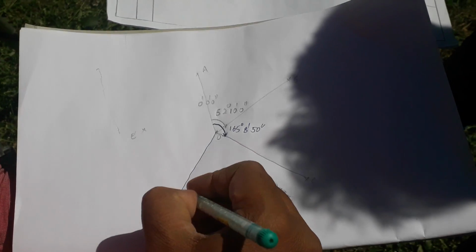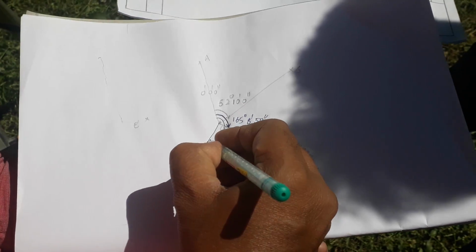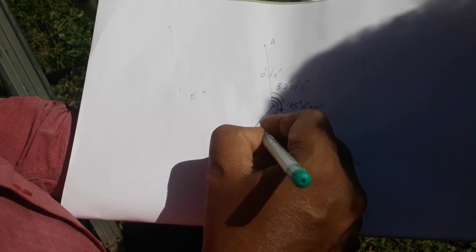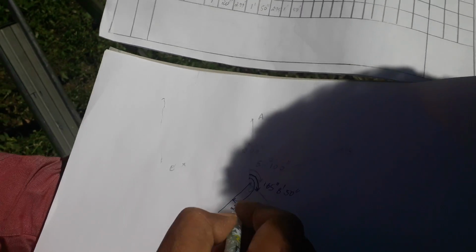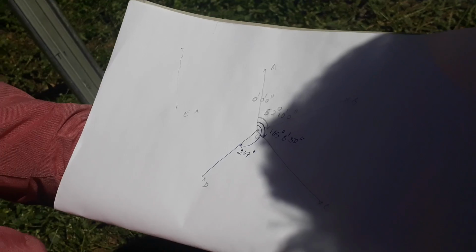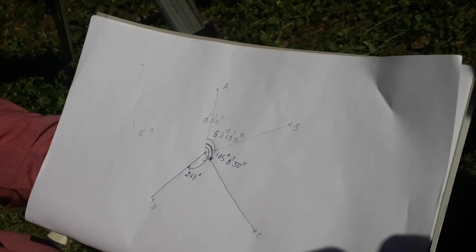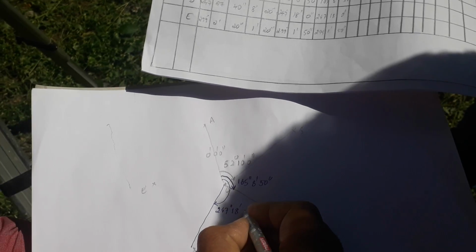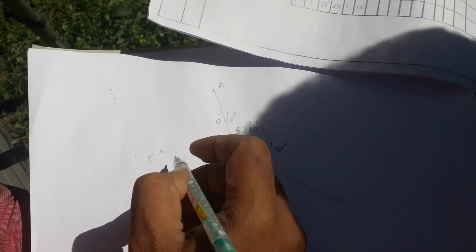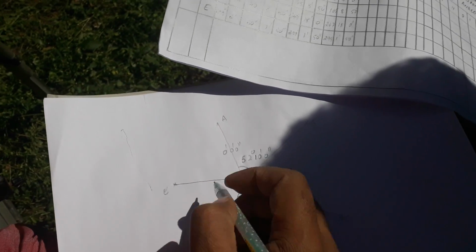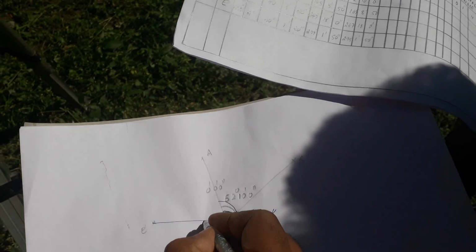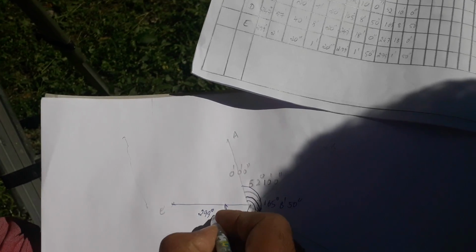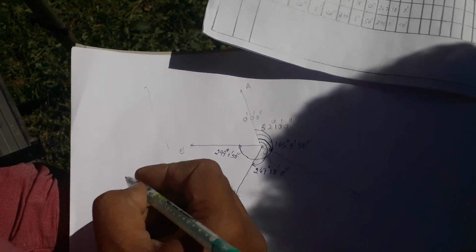Similarly, angle AOD is 247 degrees 18 minutes 0 seconds. Next, AOE. What is angle AOE? 299 degrees 1 minute 50 seconds.